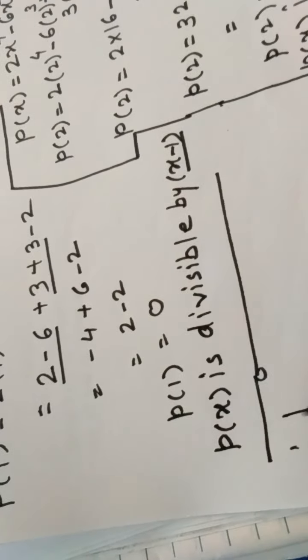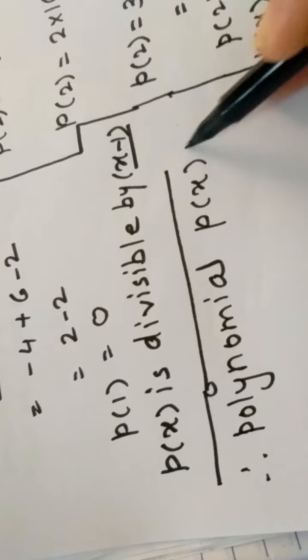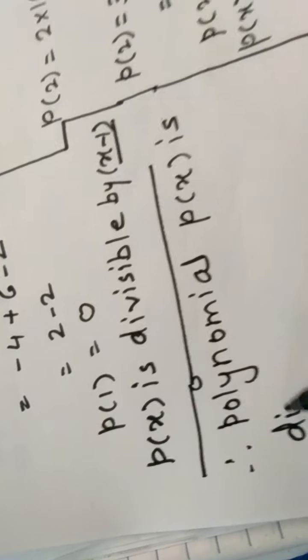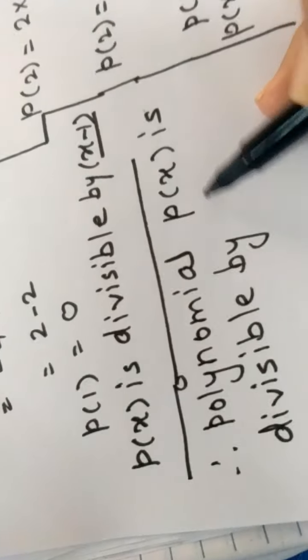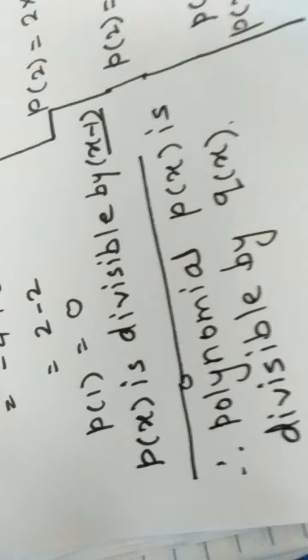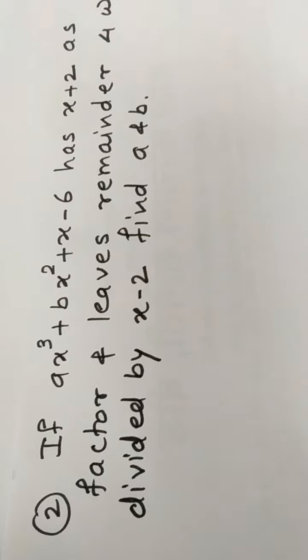Therefore, we have the result: polynomial p(x) is divisible by the polynomial q(x). Without doing division, we can prove this.